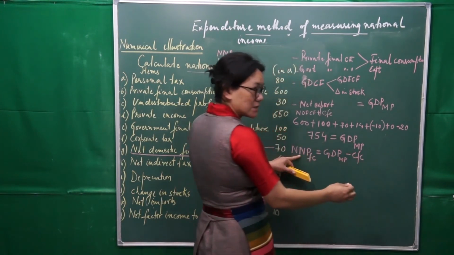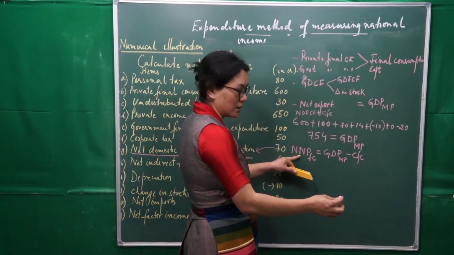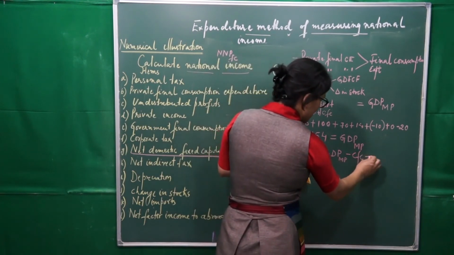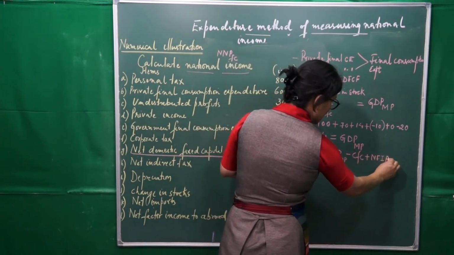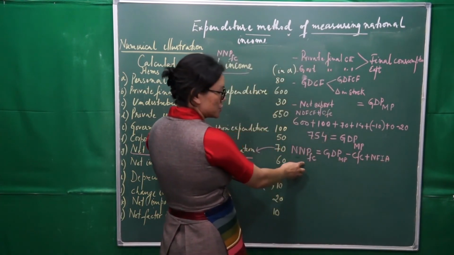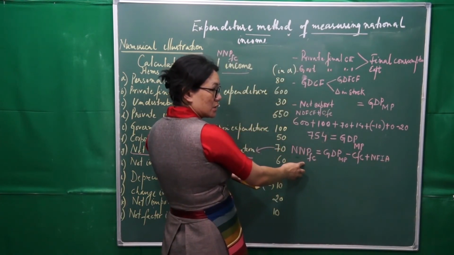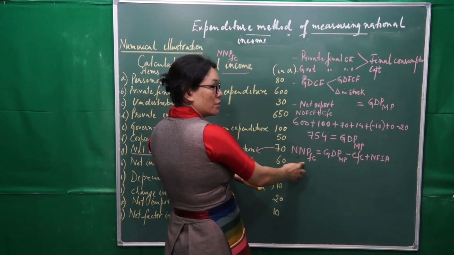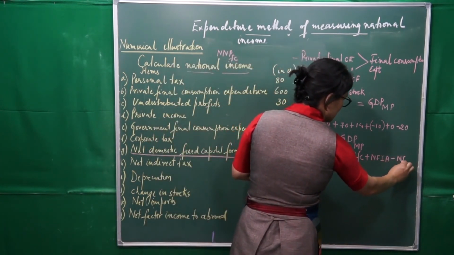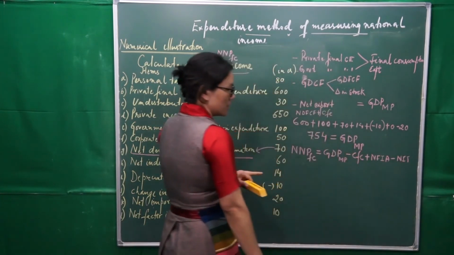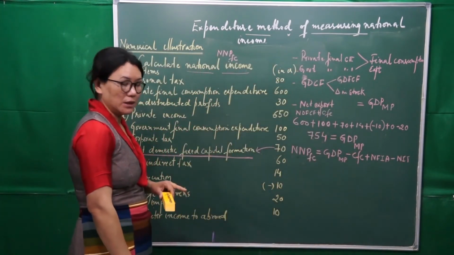We have a concept called NFIA, right? So plus NFIA, then we have market price into factor cost. So market price into factor cost, we have to do minus NIT. We will be getting national income.